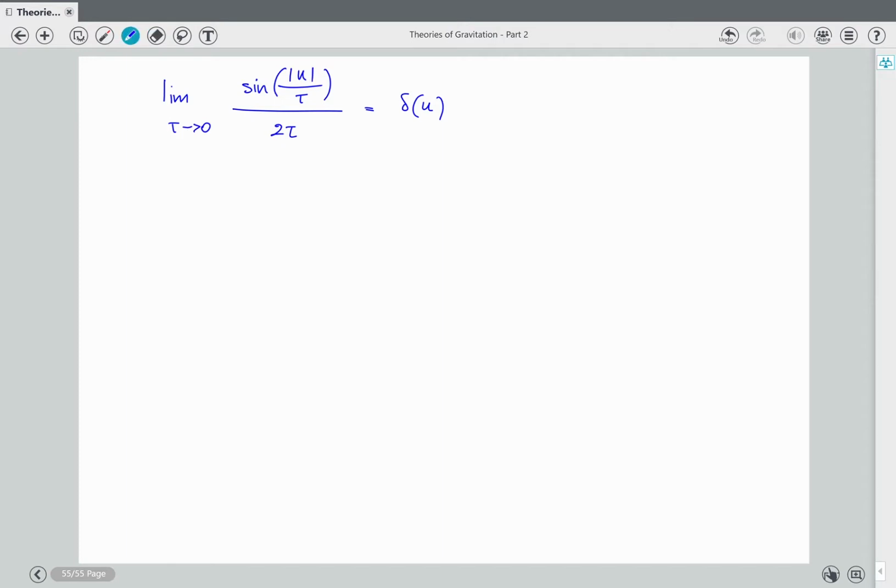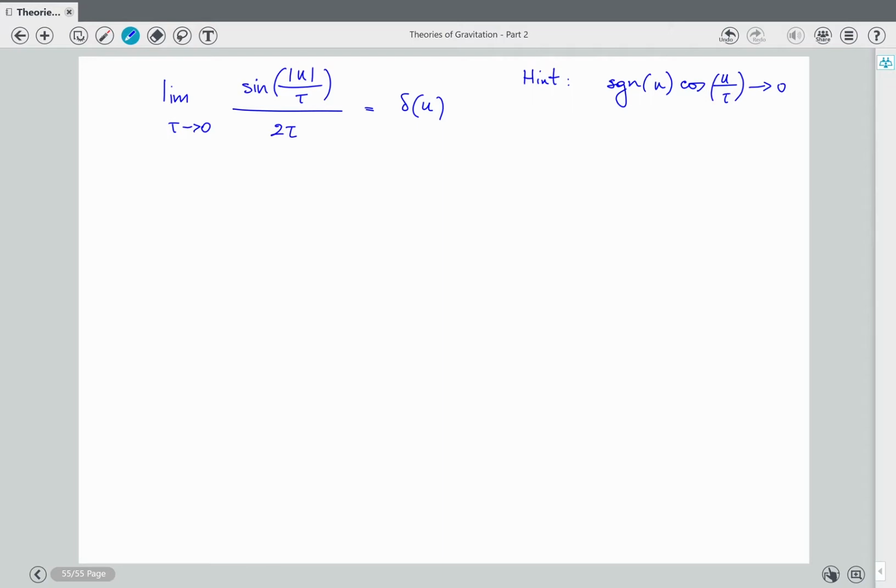There is a simple way to prove it. And that is cosine of u over tau tends to 0.